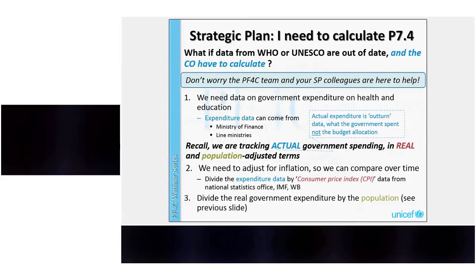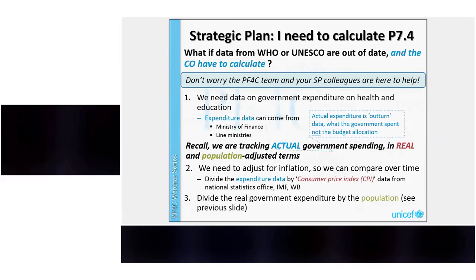The next thing we need to remember is that we need to adjust for inflation. So if we don't have it in real terms, we need to get the CPI, Consumer Price Index data, and divide the number by that. Sorry, I meant your SP colleagues, your social policy colleagues, not your social protection colleagues.